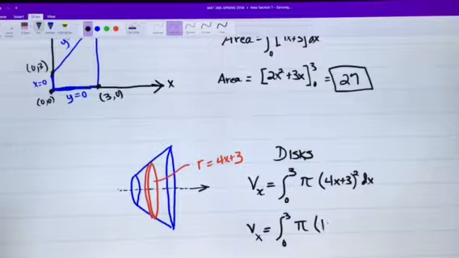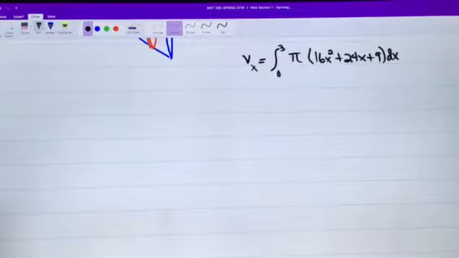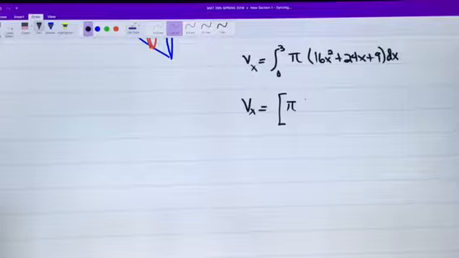And squaring out 4x plus 3, we have 16x squared plus 24x plus 9 dx. And for V of x, if I take the antiderivatives, I've already got pi factored out, so I have pi.